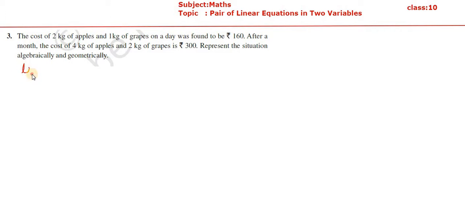Then we don't know. So we can write like this. Let the cost price, CP, of 1 kg of apple be x. Either you can take x or you can take y. So I'll take x here. Apple be rupees x.